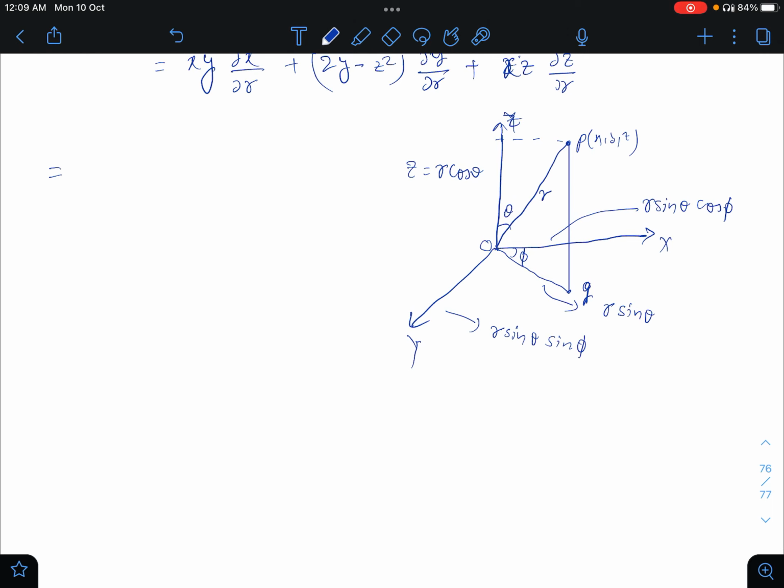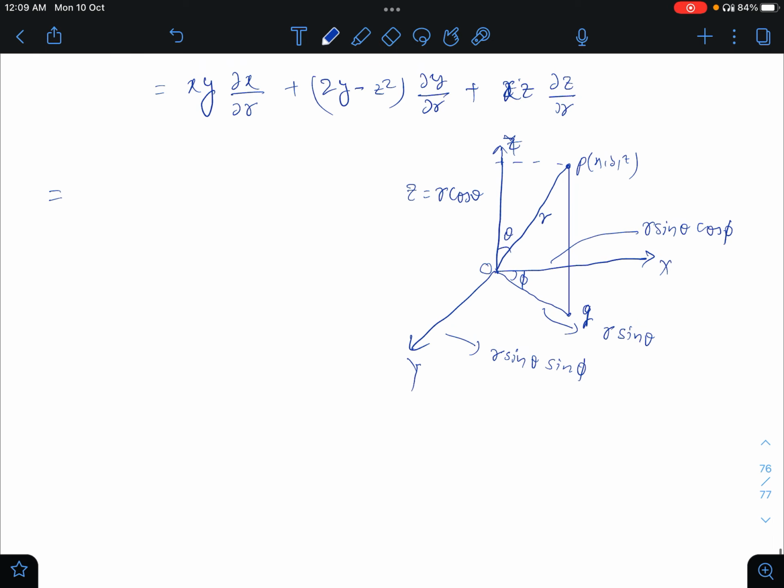Let us replace these x, y and z components in this equation. So x is equal to r sin theta cos phi, and y is equal to r sin theta sin phi, and del x upon del r is equal to sin theta cos phi.